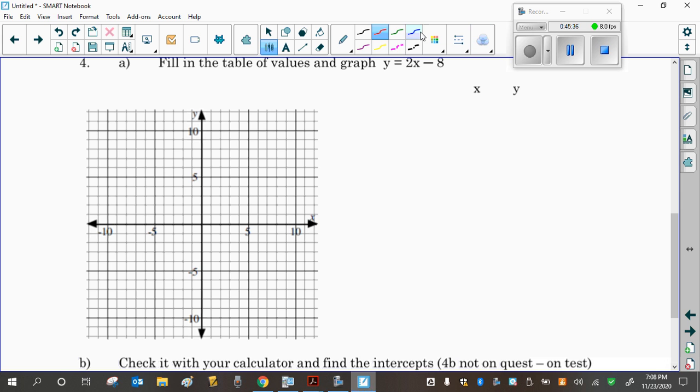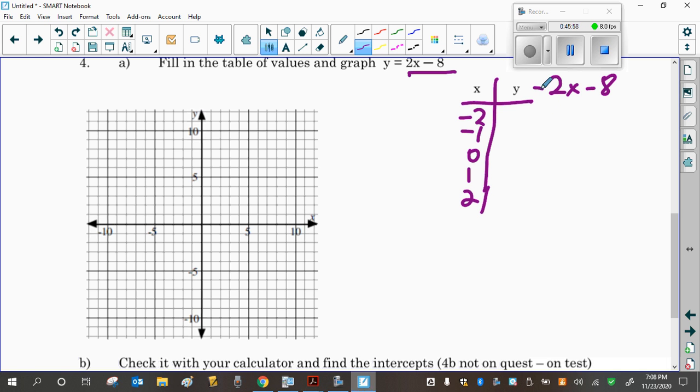For number 4, table of values, -2, -1, 0, 1, 2. We're going to sub into this equation. So 2x subtract 8, where x equals -2.